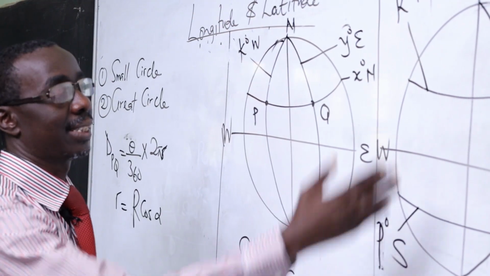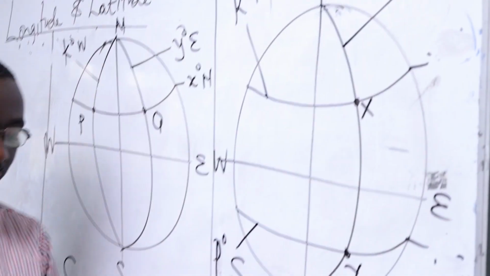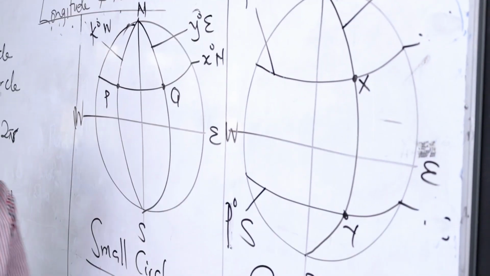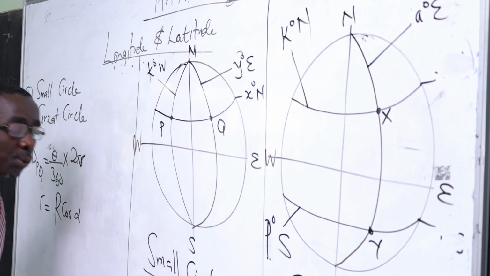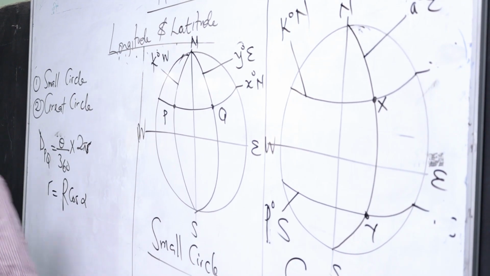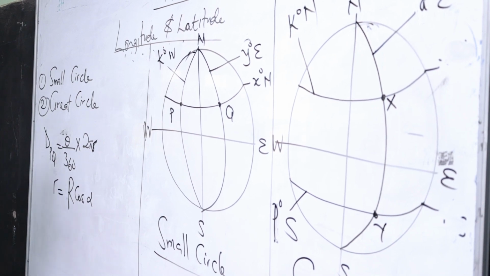We can also look at how to find the distance between x and y, the distance between 2 points on the great circle. For that, I think I can clean this one now, knowing fully well we've been able to identify with a diagram of a small circle.